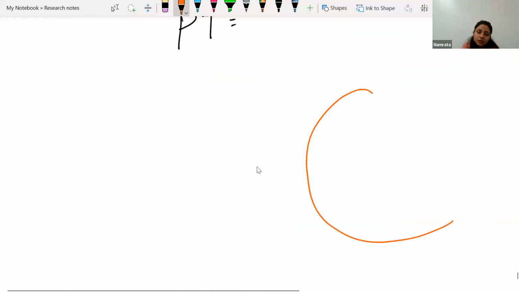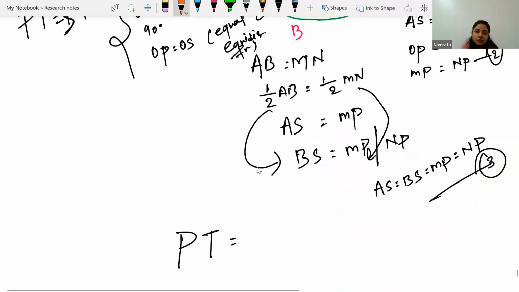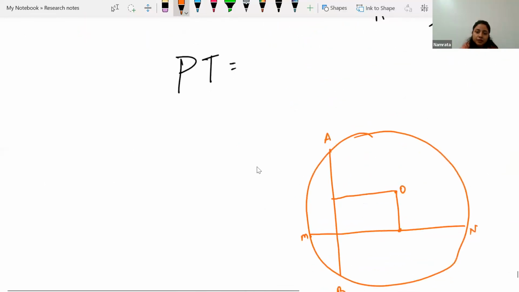We have a circle. We have one chord over here and another chord over here, and we are dropping a perpendicular from center O on this chord, and a perpendicular from the center on this chord. This is the point P and this is the point S. We have dropped the perpendiculars.